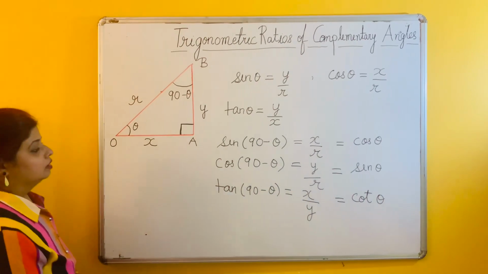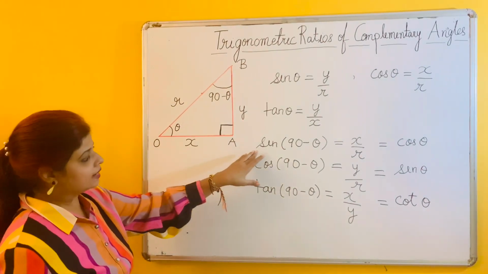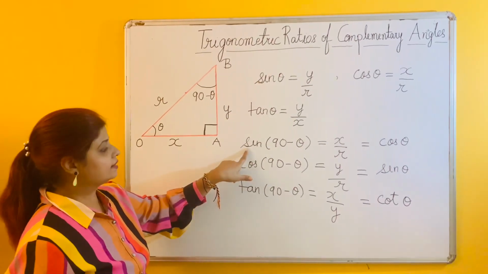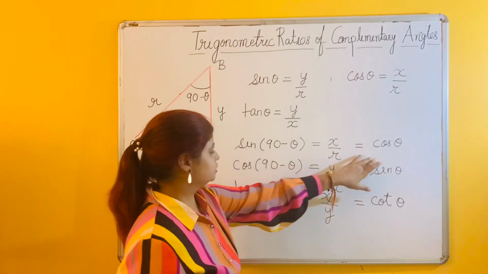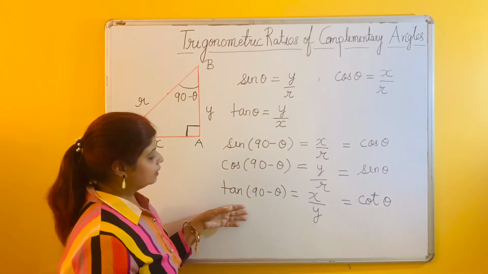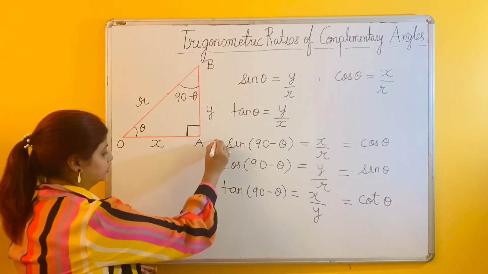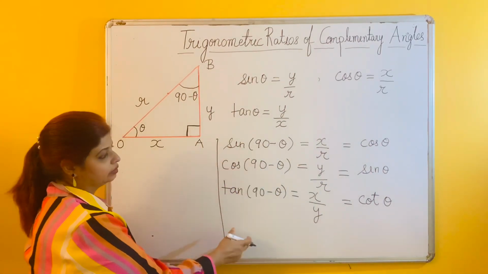So using these, we proved that in complementary angles, sine 90 minus theta is equal to cos theta, cos 90 minus theta is equal to sin theta, and tan 90 minus theta is equal to cot theta. These are three important things which you need to remember.